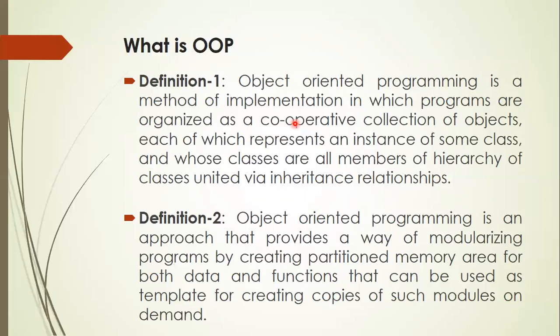And each of these objects represents an instance of some class. So every object must belong to one particular category. As an example, consider Manjunath sir. Manjunath sir is an example of an object. Manjunath sir belongs to a class called faculty. So Manjunath is an example for object, whereas faculty is an example for class.